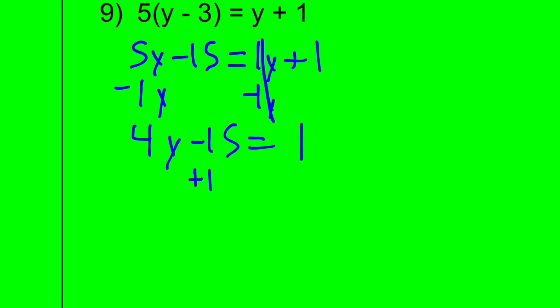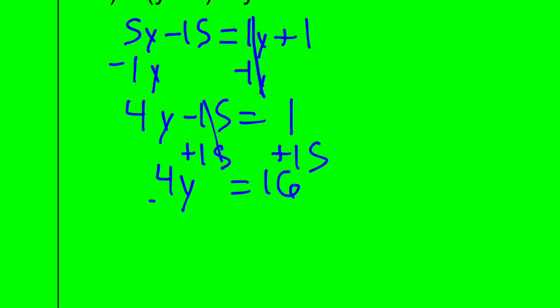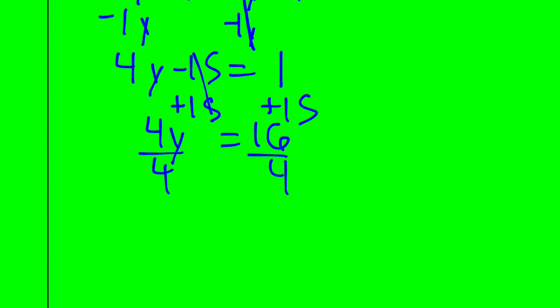Do plus 15, and I'm left with 4y equals 16. And then do divide by 4, divide by 4. 4 divided by 4 is 1y equals 16 divided by 4 is 4, or just y equals 4.